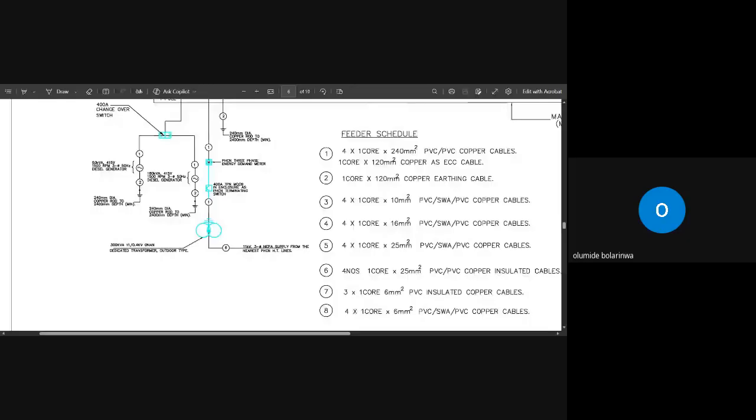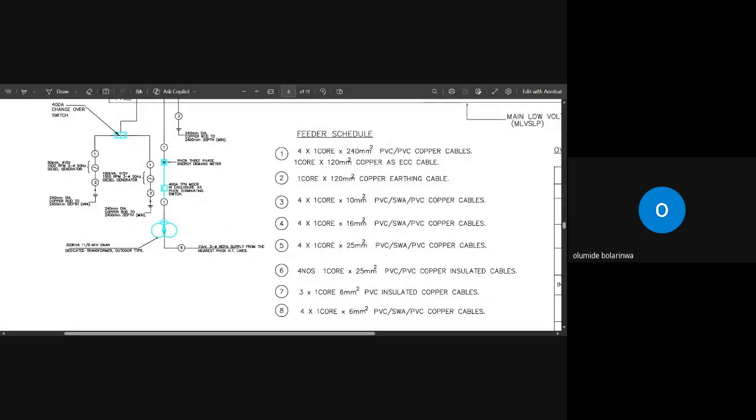Do you see this drawing? See what they wrote. I can't see anything. Let's start from cable number 6. Can anyone see my screen? You can see it now, sir.